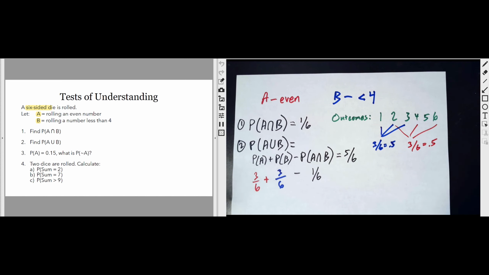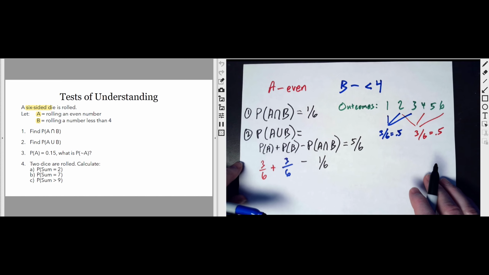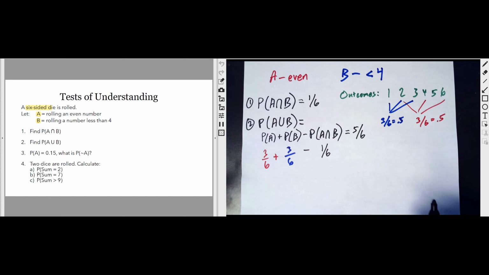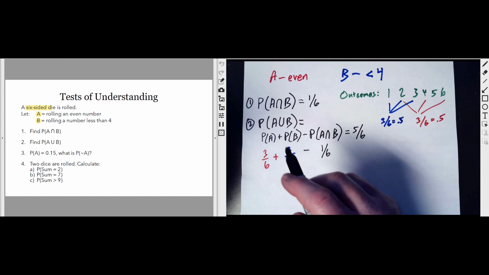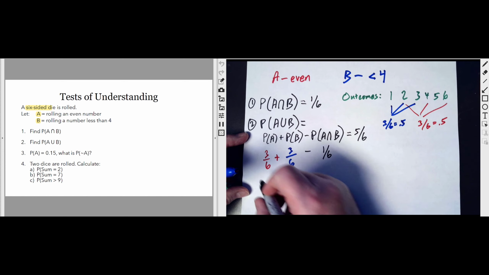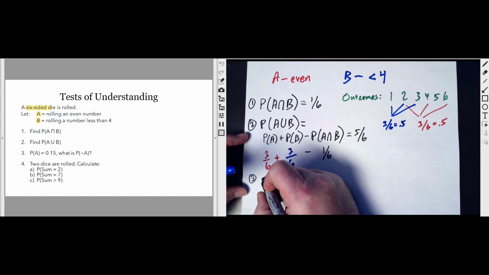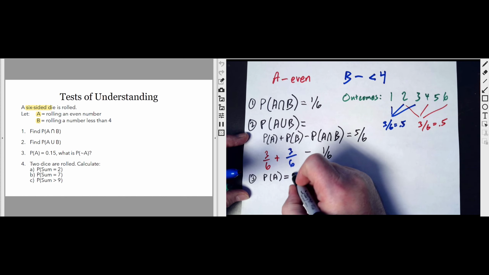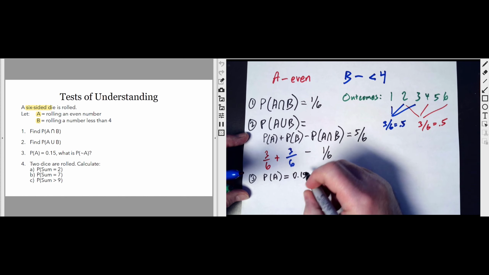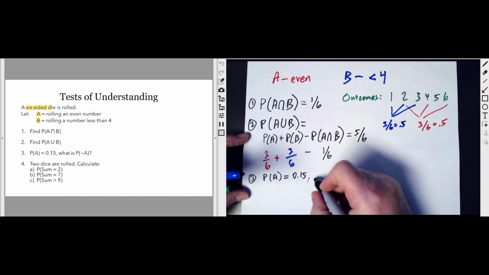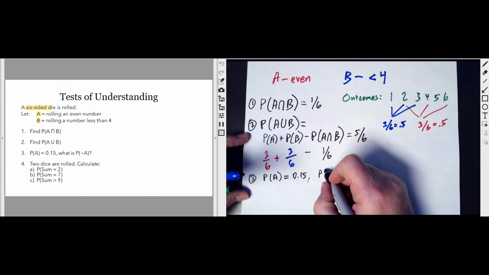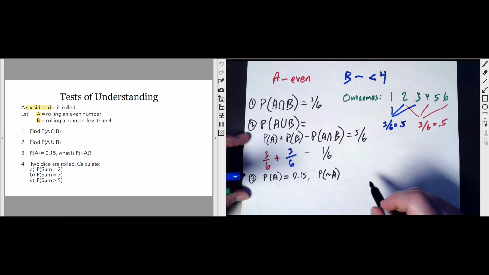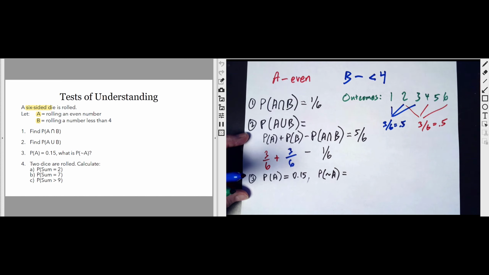Okay. Next up, we're asked, let me scoot my paper up a little bit here. We're asked, if the probability of A is 0.15, then the probability of the complement of A is what?